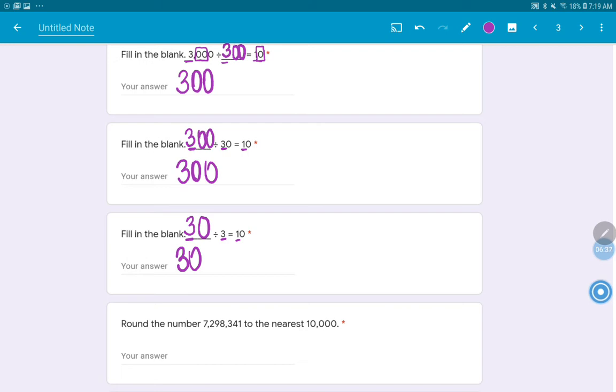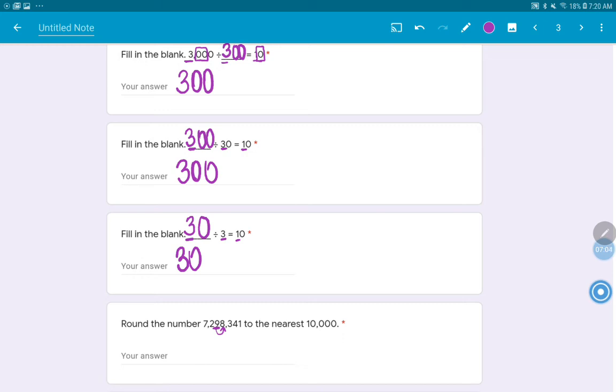We have the number 7,298,371, and we need to round to the nearest 10,000. So I'm going to underline my 10,000s place value, the digit 9 right here. If I look over to my next smallest place value, that's an 8.